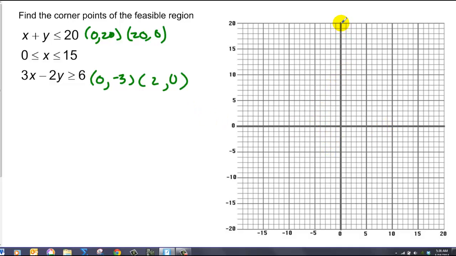There's 20, 20. Use my sample point of 0, 0, and I get 0 is less than 20, which is true, so this would shade down.